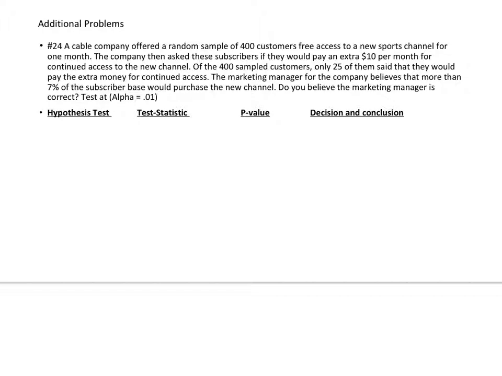So, we always question whether the assumptions are true. And we found out that n times p is equal to 28, which is greater than 10, and n times 1 minus p is equal to 372, which is greater than 10.